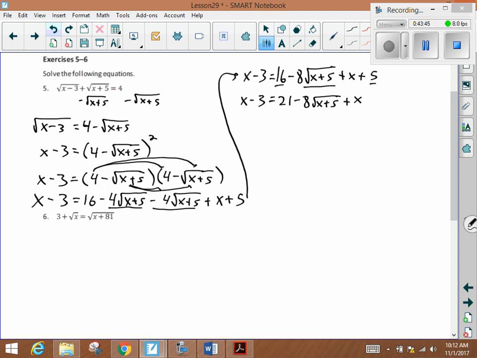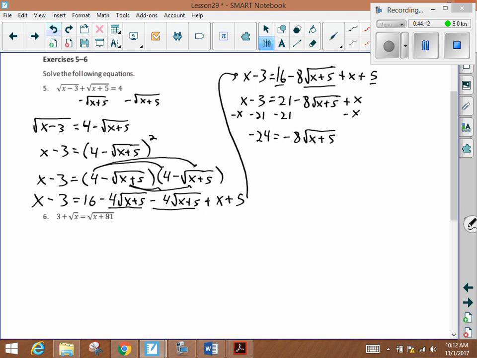Okay. So now I'm going to subtract 21 from both sides and subtract x from both sides. So that means this 3 is going to subtract 21, and my x is going to subtract x. I love that, because that means my x cancels. All I'm going to have over here is negative 24, and over on this side, negative 8 root x plus 5.